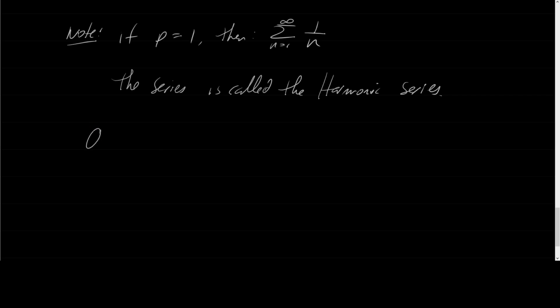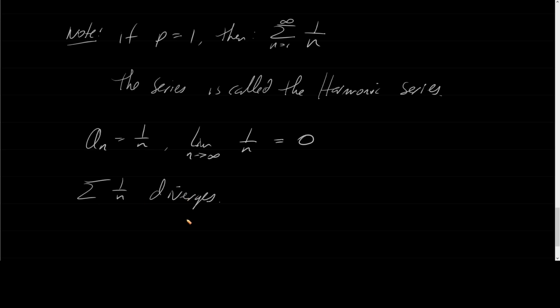Our sequence a sub n being 1 over n, if I take the limit as n goes to infinity of 1 over n, that goes to 0, right? So our sequence goes to 0. But our series of 1 over n diverges.